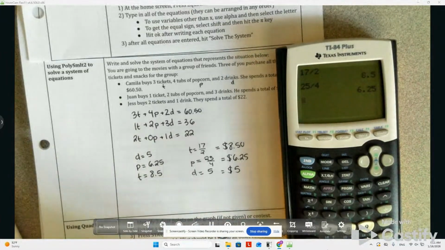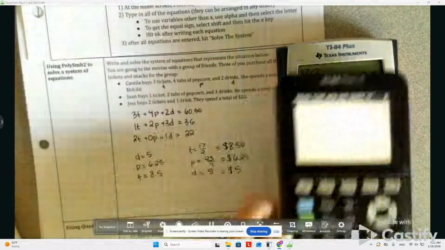And then just one last look if you have a newer calculator.